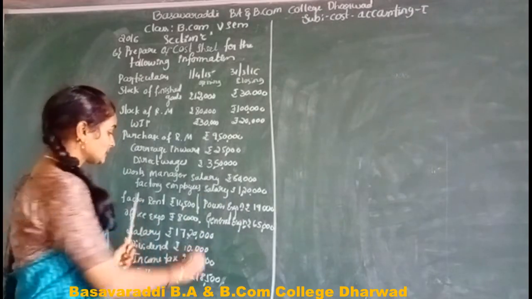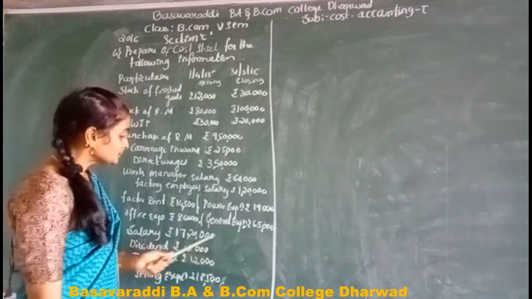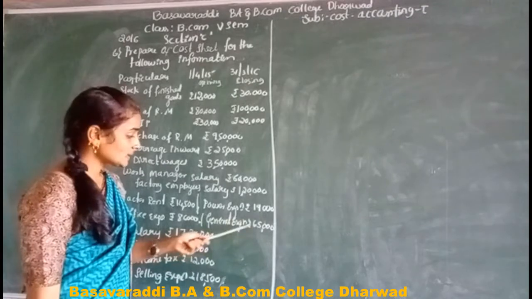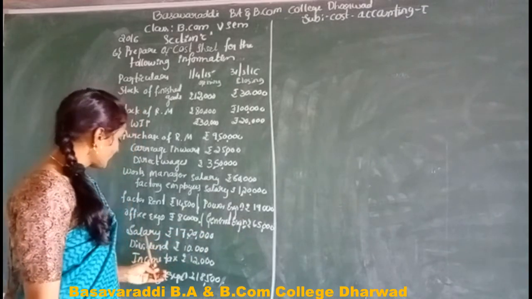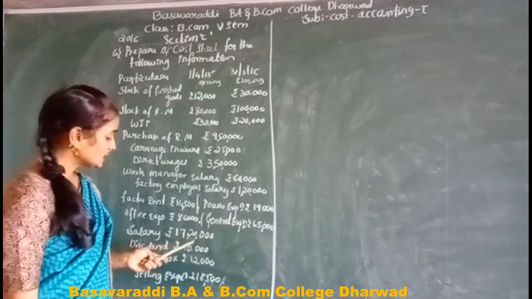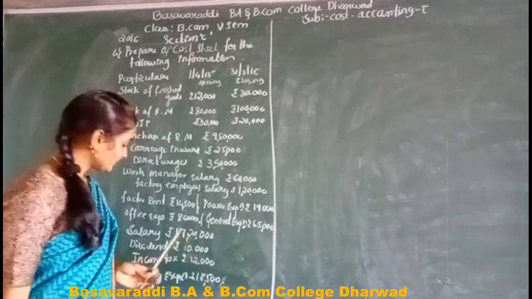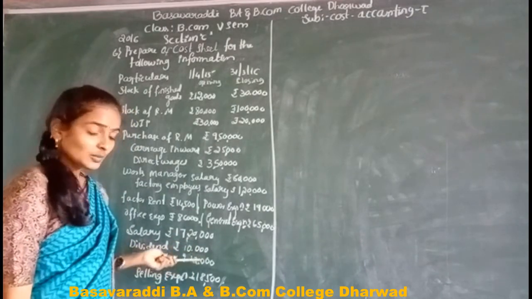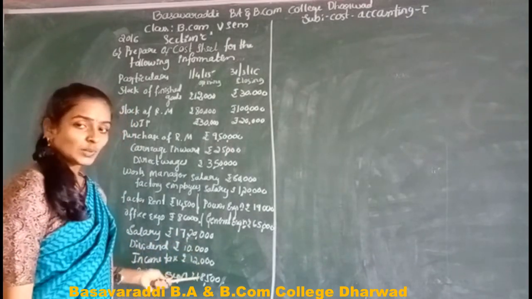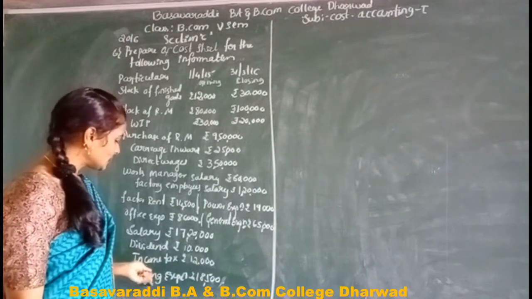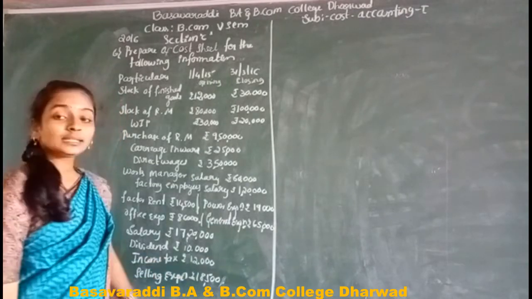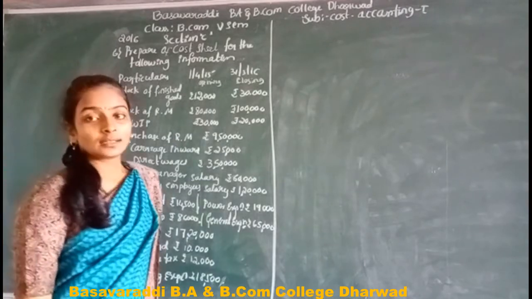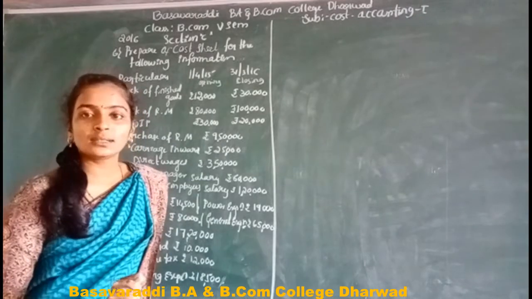Office expenses 86,000. General expenses 65,000. Salary for the year 17,20,000. Dividend 10,000 rupees. Income tax 12,000. And the last one is selling expenses 18,500. This information is given in the problem.